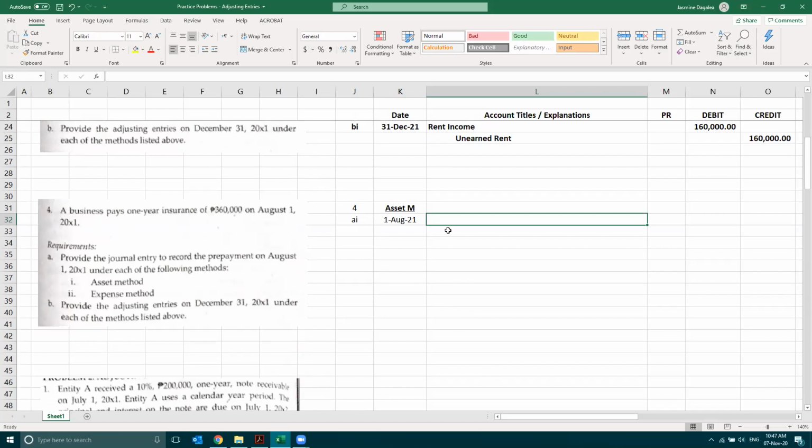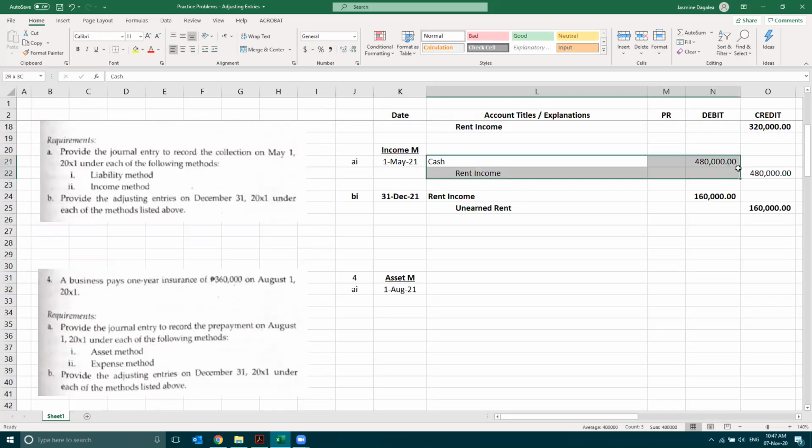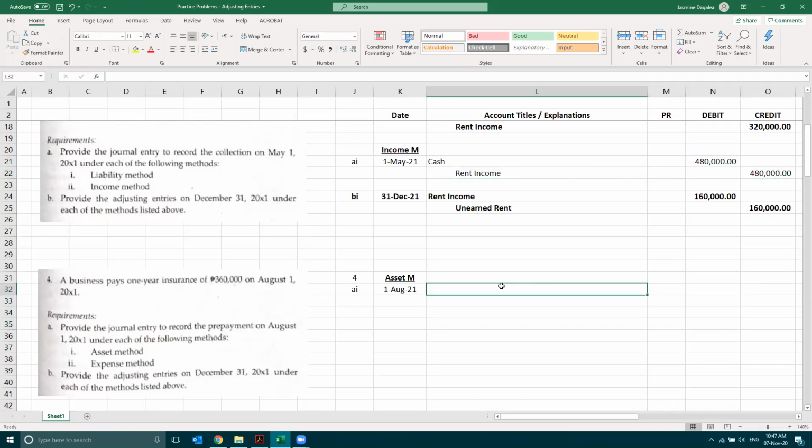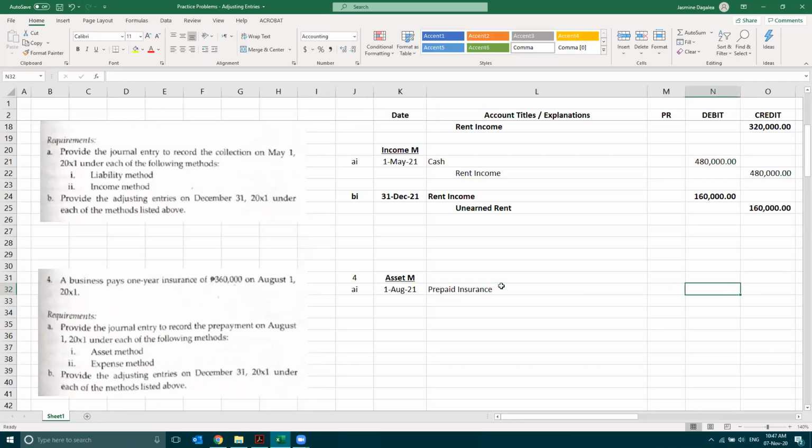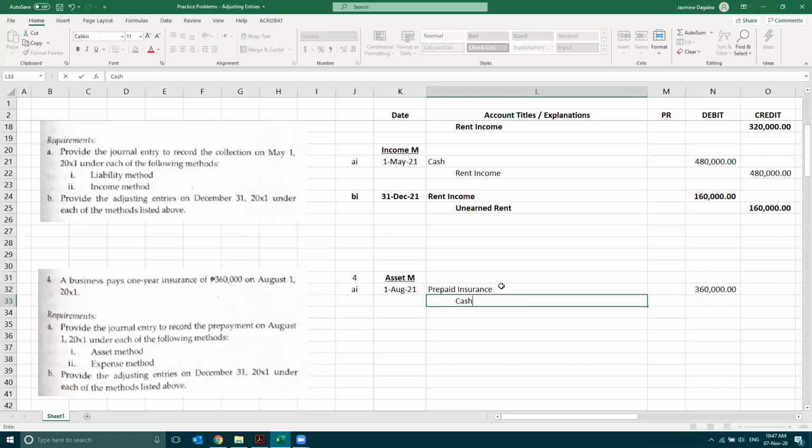Asset method: debit prepaid insurance, 360,000. Credit cash. Paid 1 year of insurance.